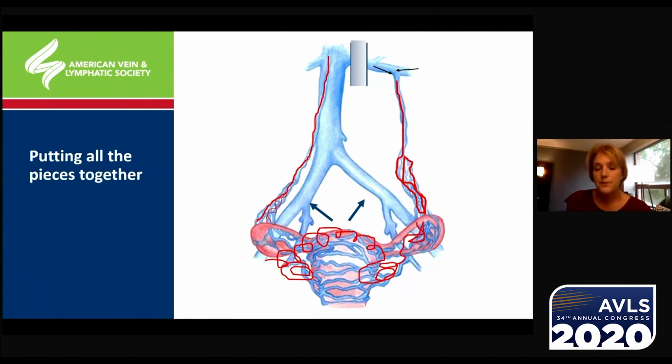Now, it's important to be able to determine if this is the case or if it's truly just an absence of functioning valves in that left ovarian vein, because if we were to treat that left ovarian vein without truly understanding the role that the stenosis is playing in that left renal vein, we could cause some harm to the patient.